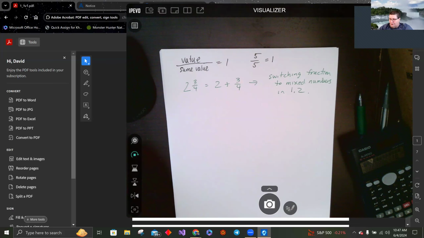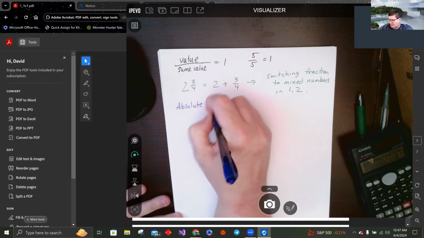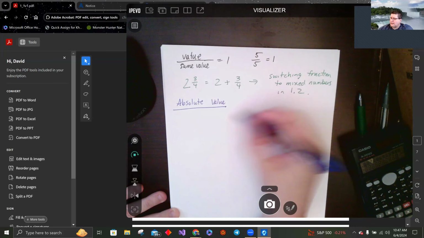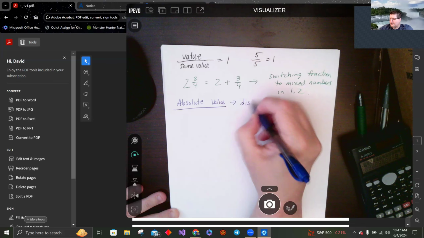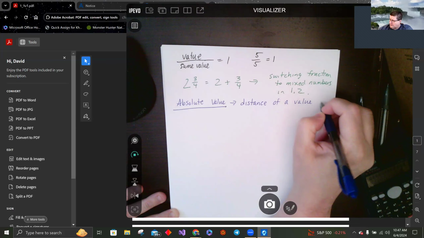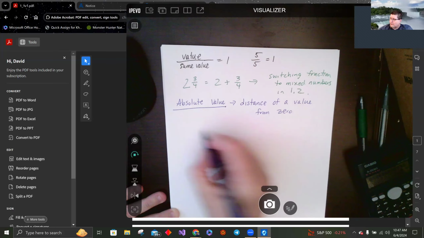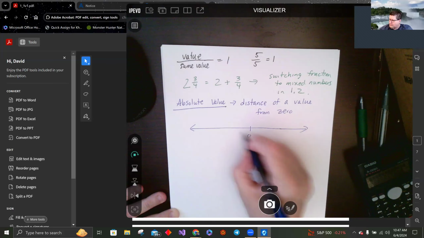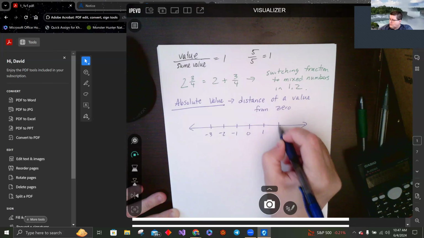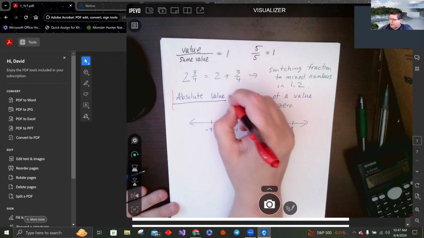There's one other topic I almost didn't tell you. Absolute value. The absolute value is the distance of a value from 0. And we do absolute value with big bars like.